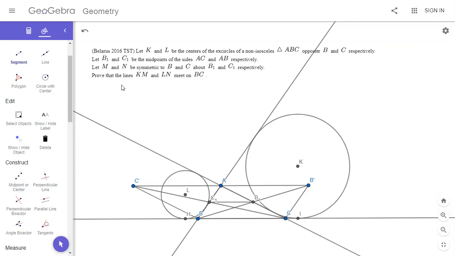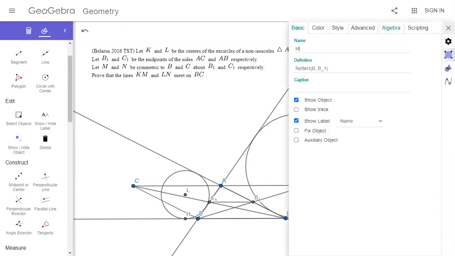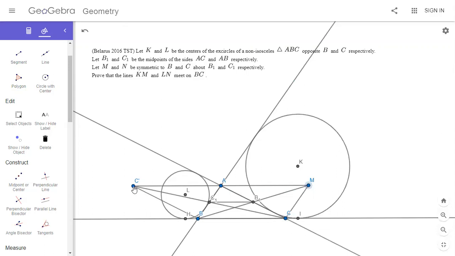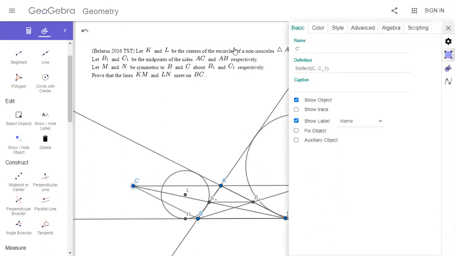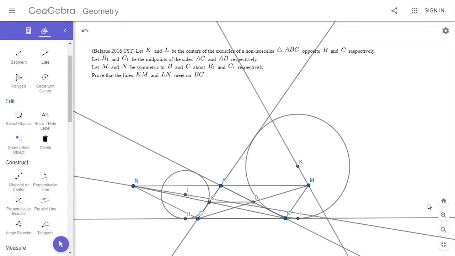So what do we want to show? We'll call those M and N. We want to show KM and LN meet on BC. That's interesting. That's kind of tricky. KM and LN, we want to show they meet on BC.